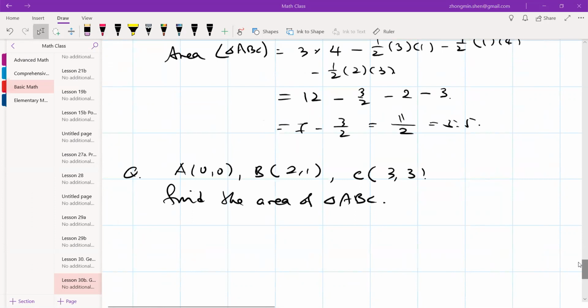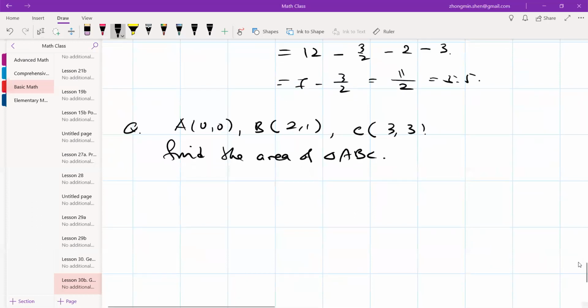First of all, you plot them, sketch the triangle, right? Then you try to draw additional lines. Then use subtraction to solve the problem. So this is A. The 2 and the 1 is here, 1, 2.